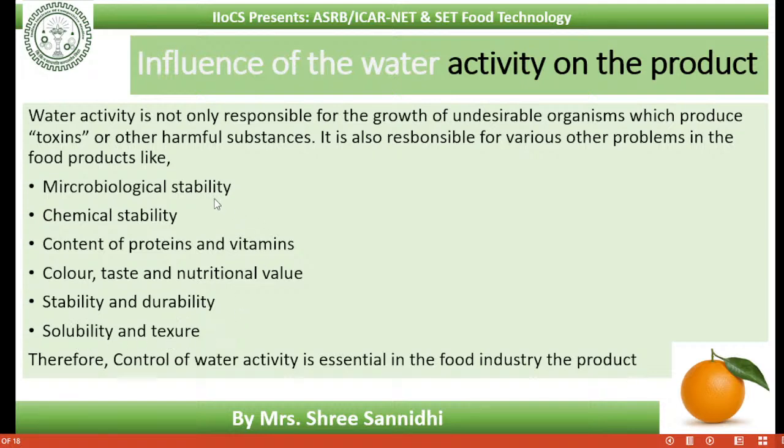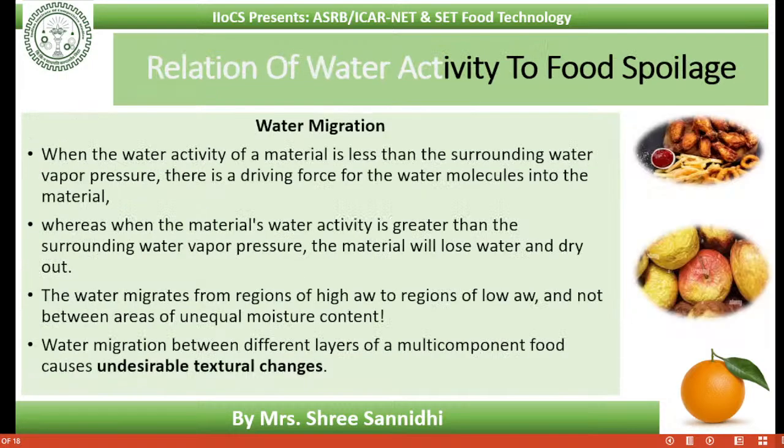So water activity affects all these properties of the food. Therefore, control of water activity is essential in the food industry to get good products.